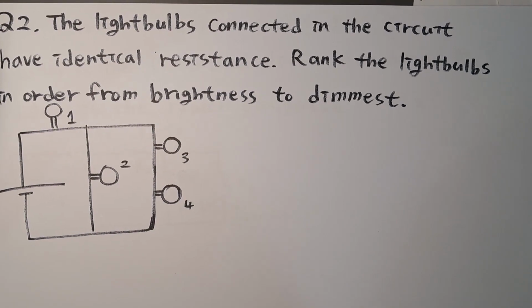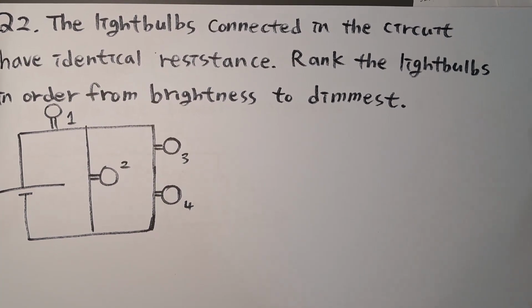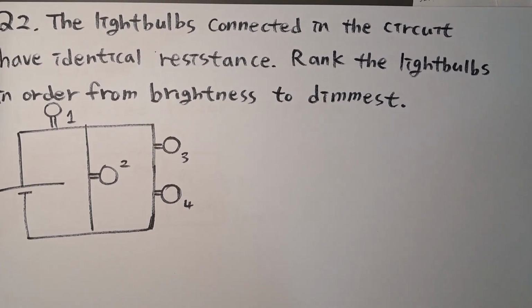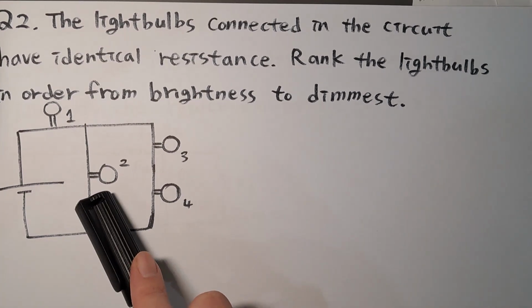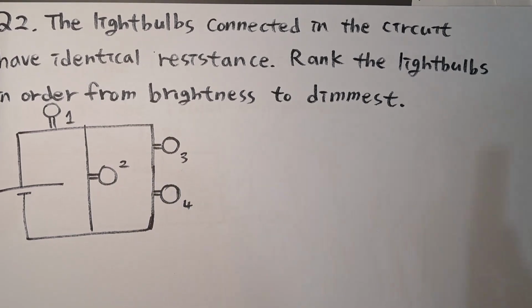All of the current flowing through light bulb 1 is separated to 2 and 3 and 4. Current will take the path of least resistance, so more current will flow down the path leading to bulb 2 than the path leading to bulb 3 and 4.